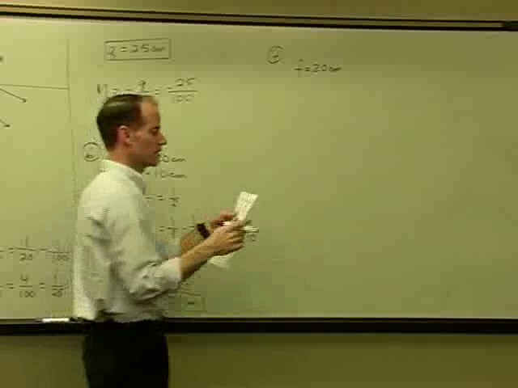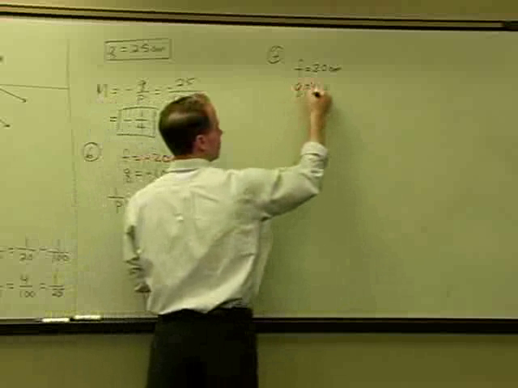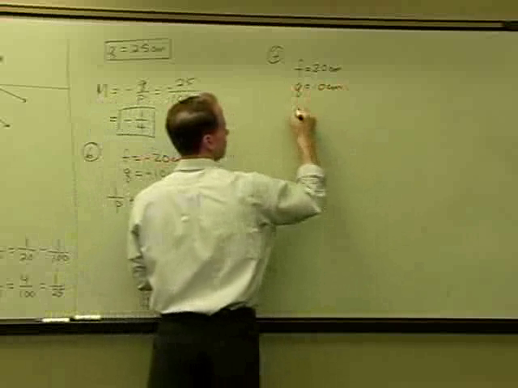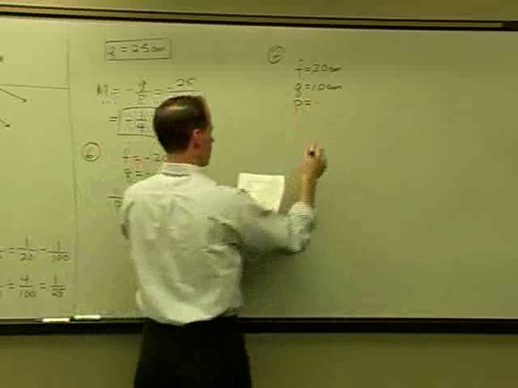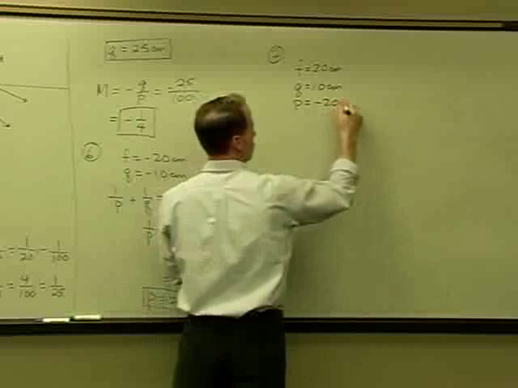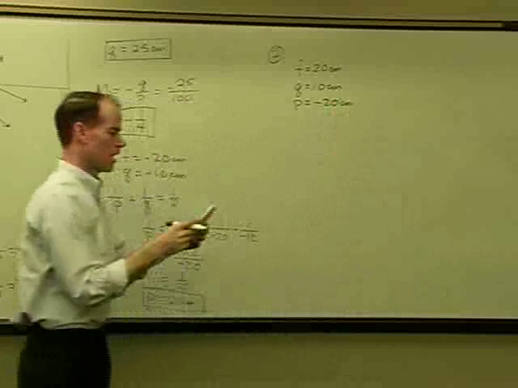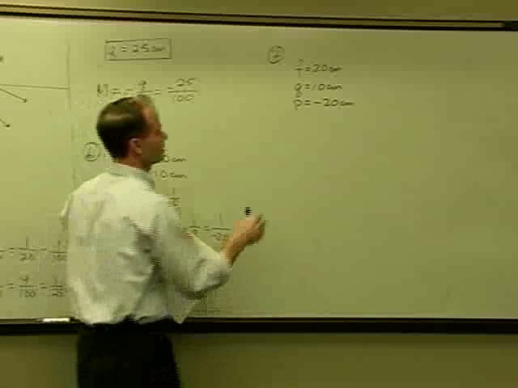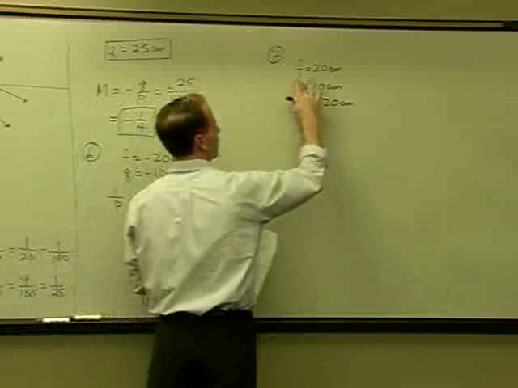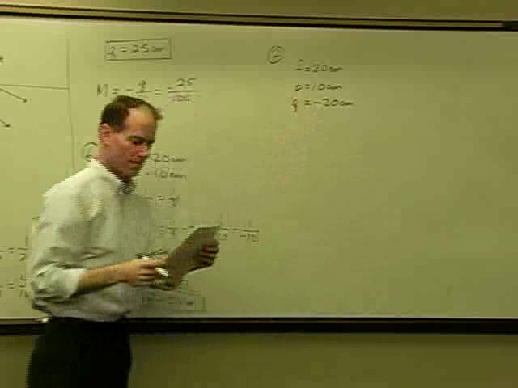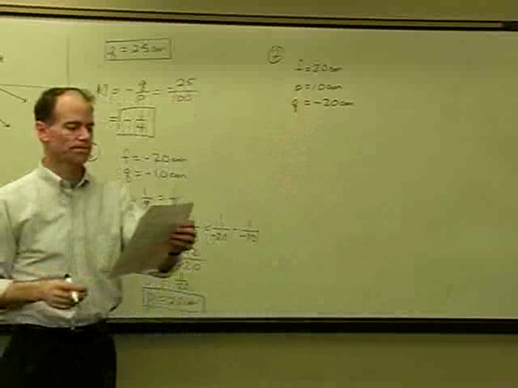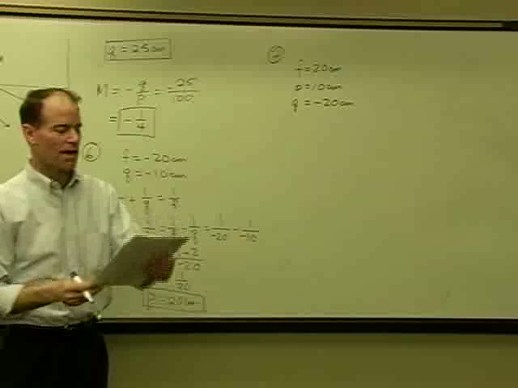The object and image distances, I got those reversed. All right. Object is 20, image is minus 20, the way it's phrased. And we want to find the magnification.